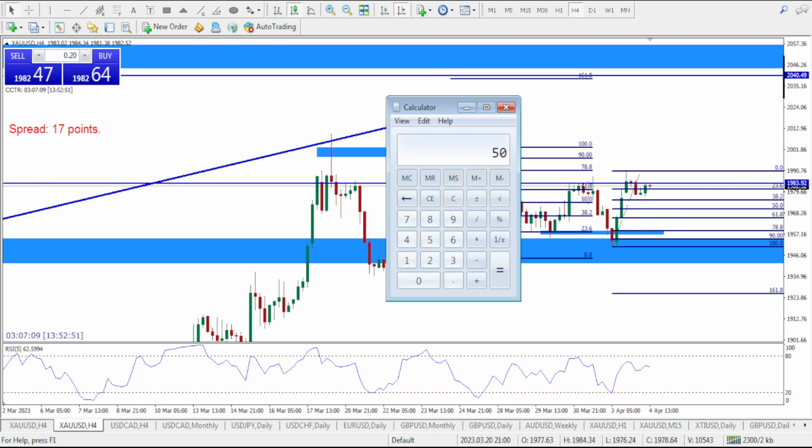So 10 to 50. If you are risking 10 pips, let's say, you can easily generate 50 pips. Or if you risk 1000 pips, you can easily generate 5000 pips.